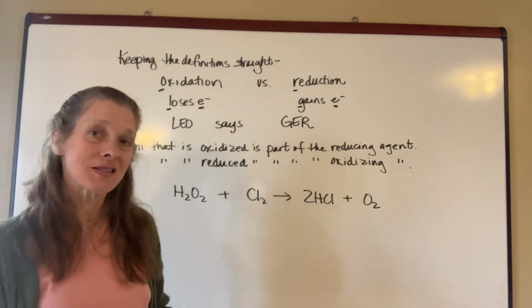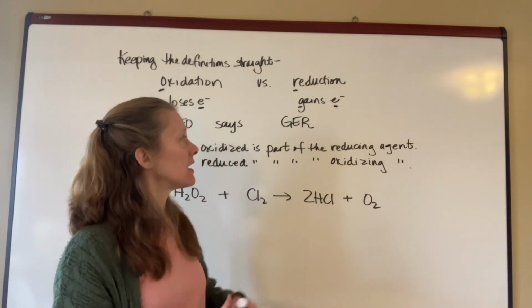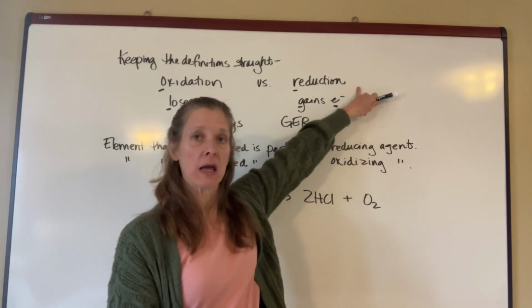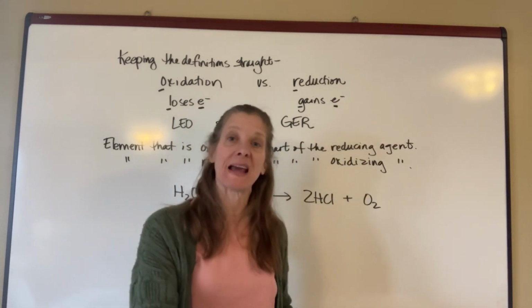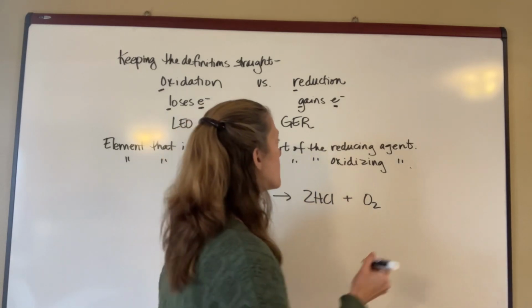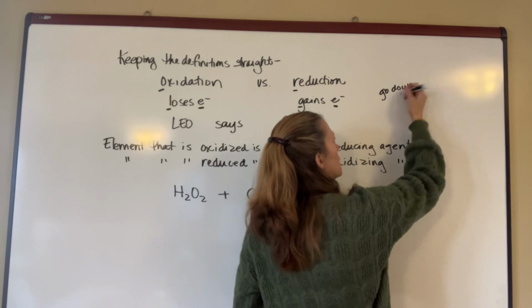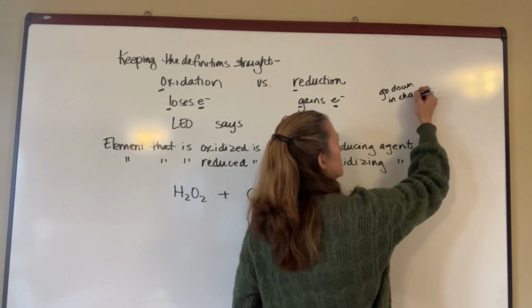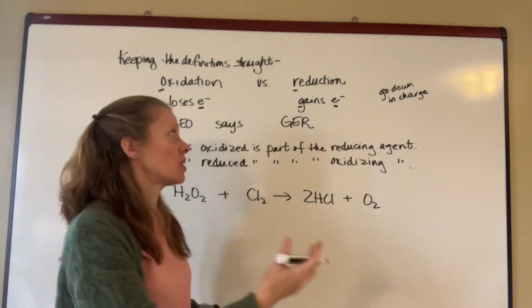Now, honestly, the way I tend to think about this is that the atom or the element that is reduced is the one that is going to go down in charge. Okay, so it's going to go down in charge. Its charge is reduced, or its oxidation number is reduced.